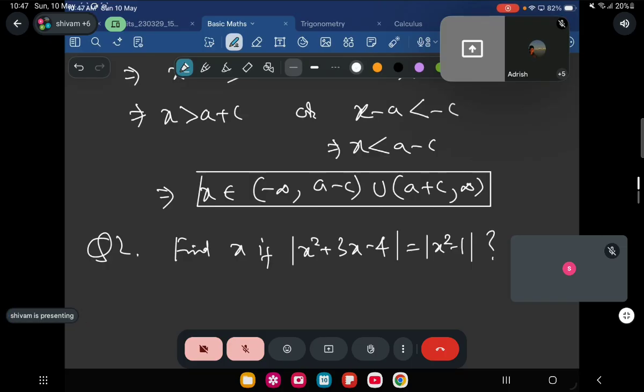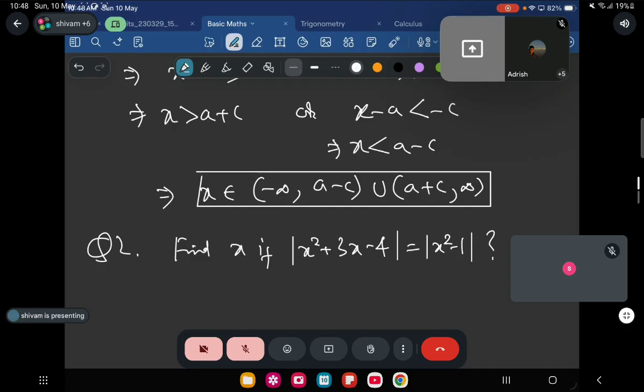And how are they getting two cases? That's why I wrote the properties. First one, mod A equal to mod B. So we can cancel x minus 1 from both sides. Don't cancel anything, that means you are losing one of the roots of the equation.